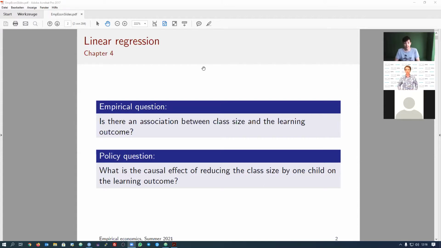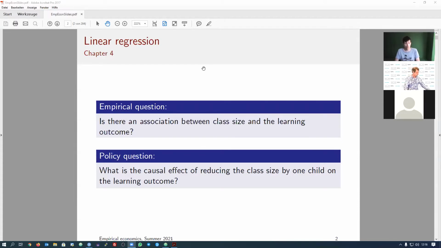What's the causal effect of reducing the class size by one student on the learning outcome? Because if we knew that, we could optimize class sizes in order to get optimal results, by setting the marginal cost of decreasing class size by one student equal to the marginal gain of the learning outcome.